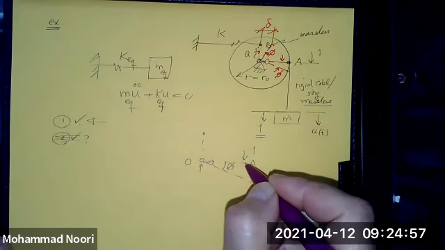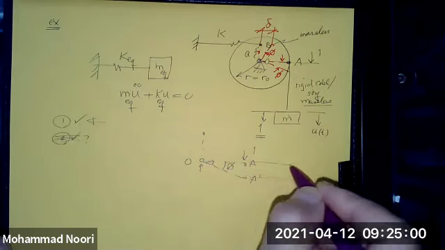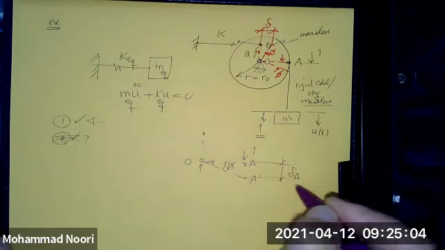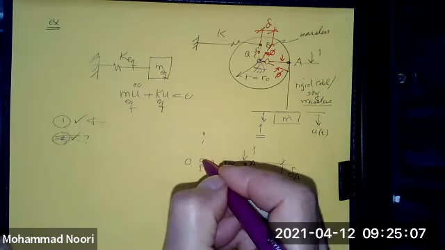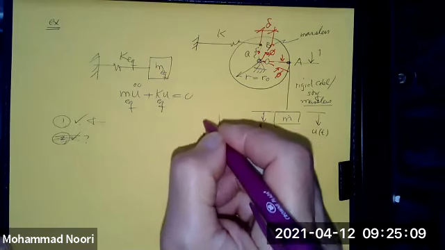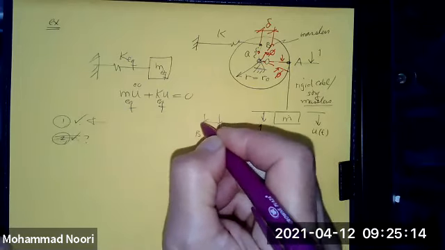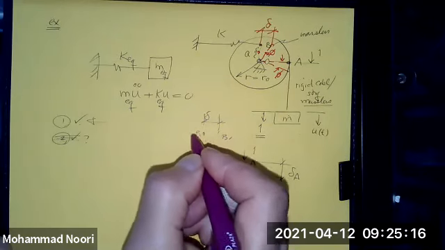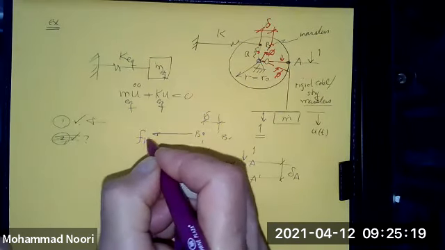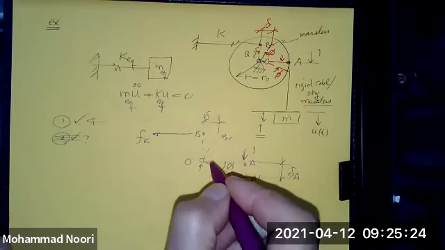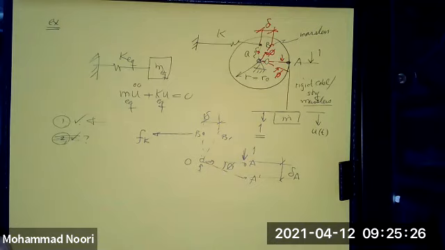Let me call this displacement, which is what we want to find, delta A. This spring is going from B to B prime. This is delta. So you have a force of F of k here. You do have a unit force here. These two forces, so this is the free body diagram of this disk.